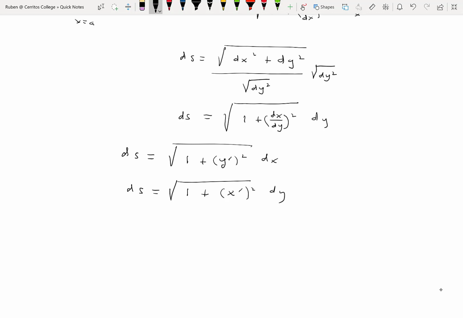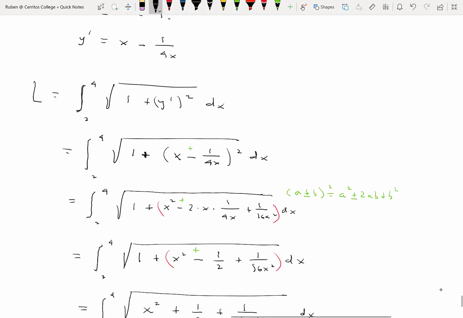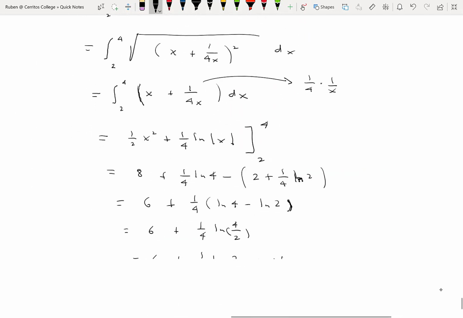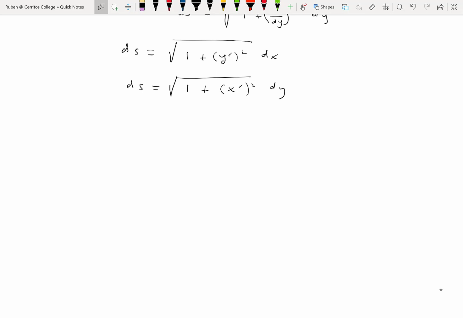So specifically in our last example, I stated our original curve was y as a function of x. So integrating with respect to x would be really natural. So in our second example, which is coming up right now, I'd like to take a look at using the other differential element of arc length.